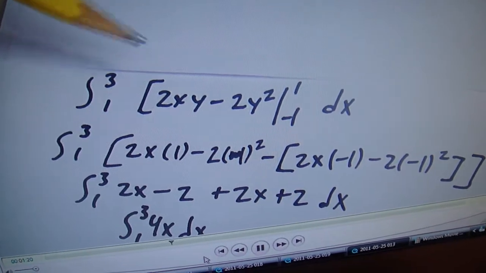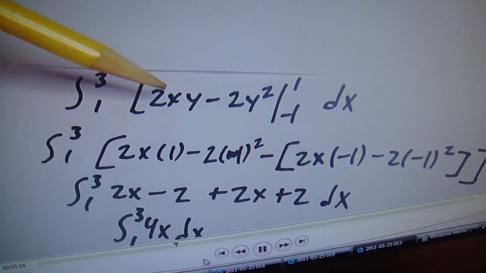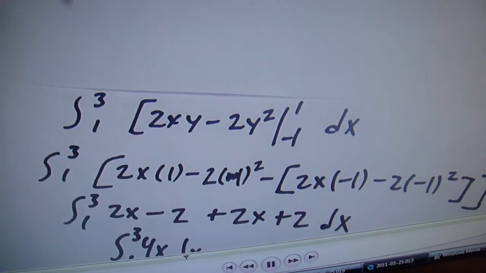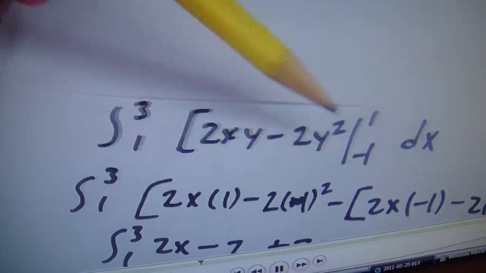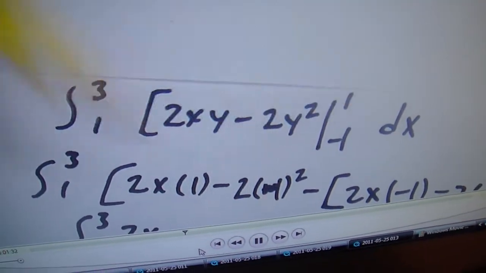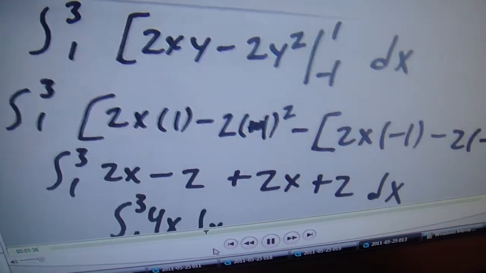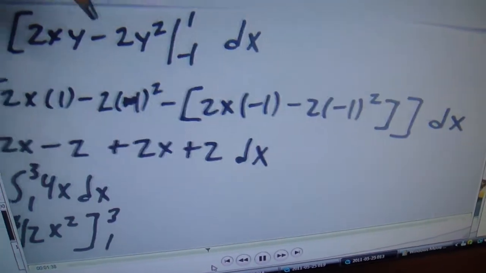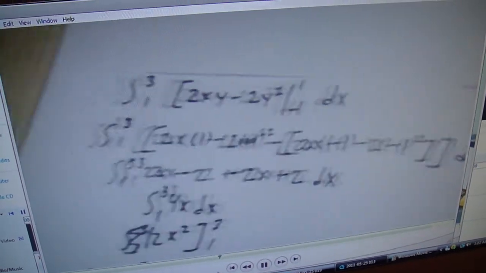from 1 to 3 is 2xy minus 2y squared, from -1 to 1 dx, and then you expand that out as you always do, and you make a mistake because we are humans and we make mistakes sometimes.